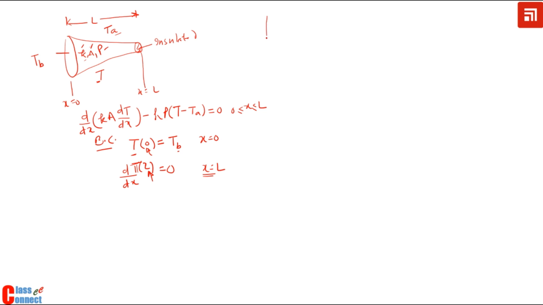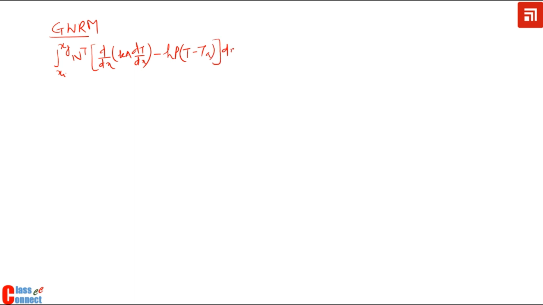Now this problem I have to solve using the Galerkin weighted residual method. So now I can apply the Galerkin weighted residual method on the differential equation of the fin. What I will get is the integral from xi to xj of N transpose times d over dx of kA dT by dx, minus hP times T minus T ambient, then this bracket dx is equal to 0.